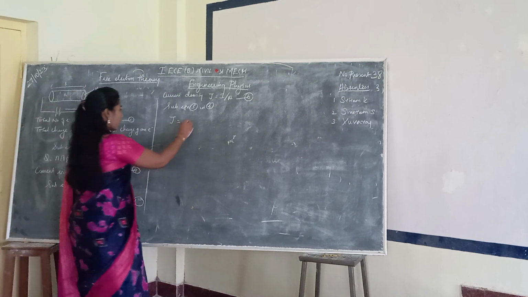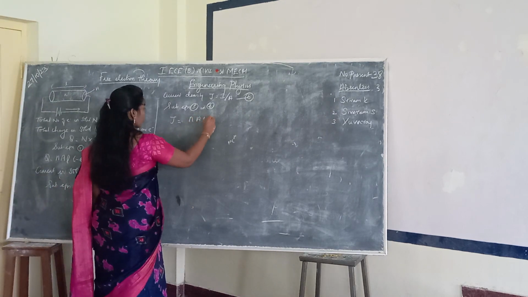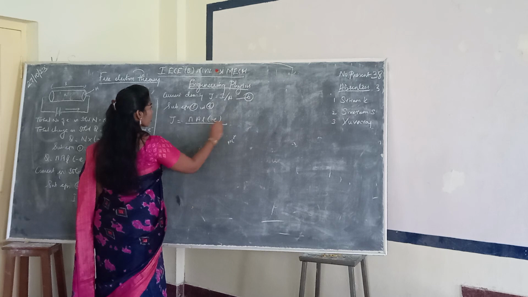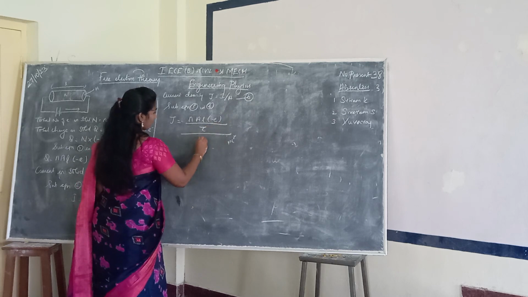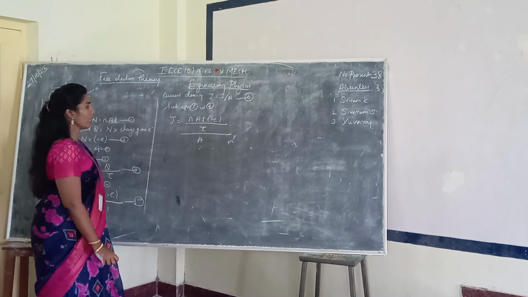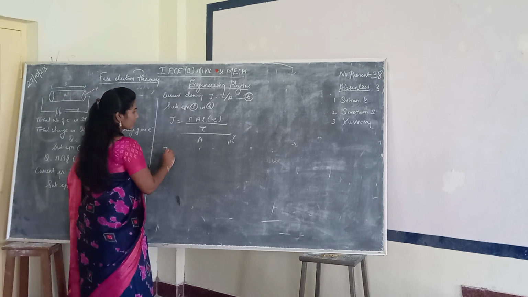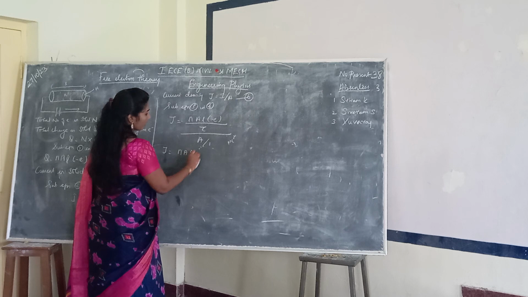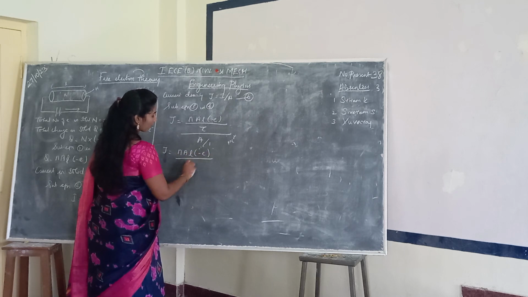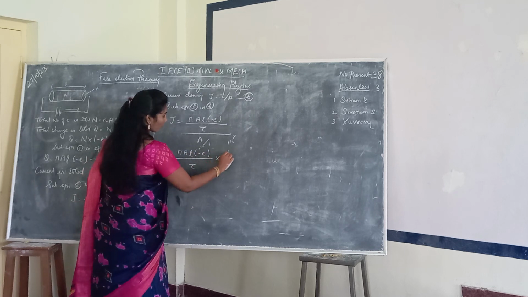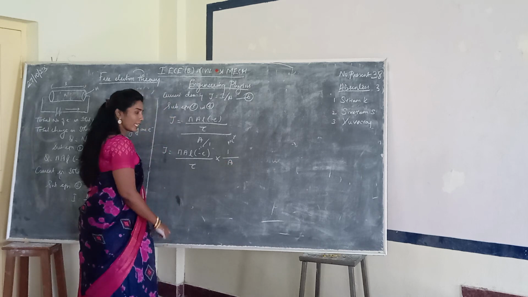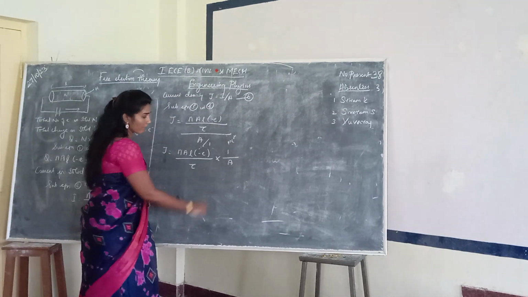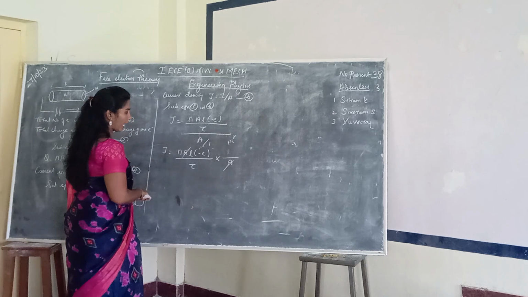I. So N A L e divided by t, divided by A. In the next step, J is equal to N A L minus e divided by t into 1 divided by A. So here A is cancelled.